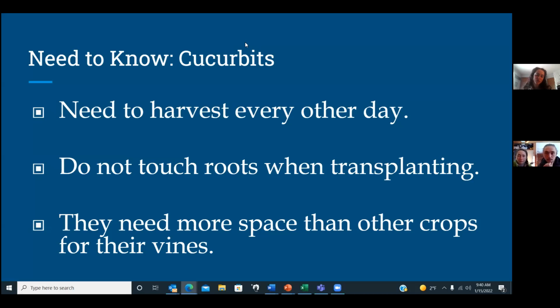But squash, when they're done producing on one vine, they have one squash or two, then it's going to be ending. Talking about the squash, when they ripe, they taste really good.